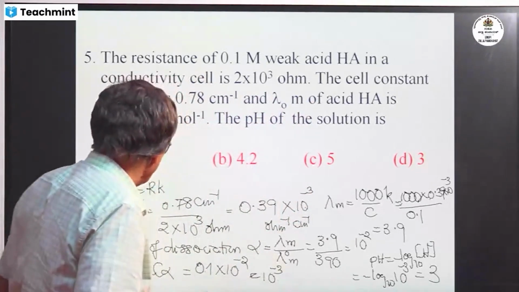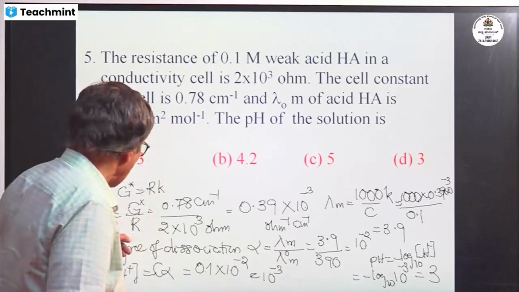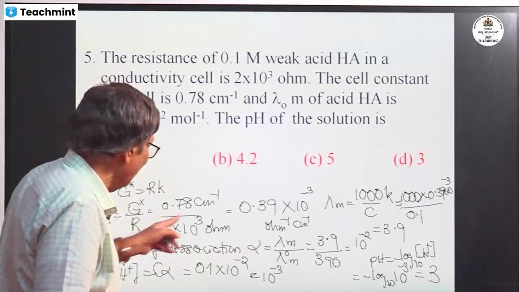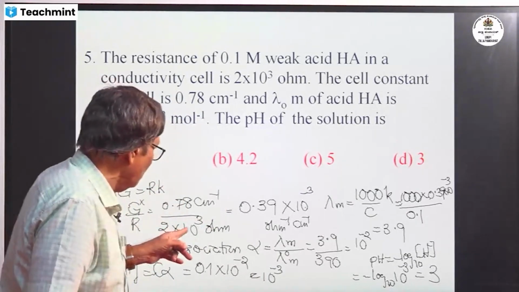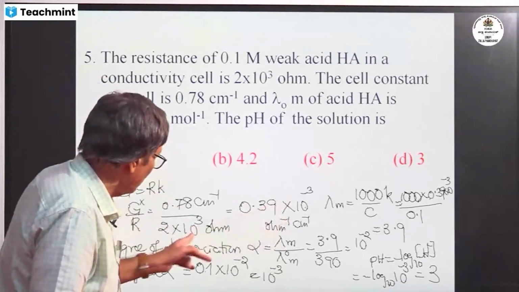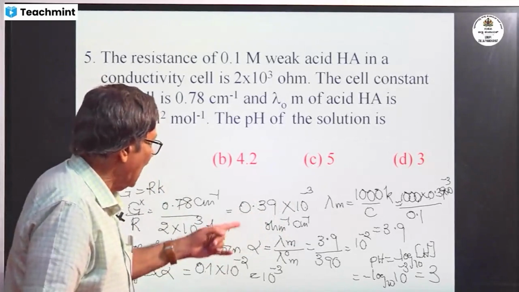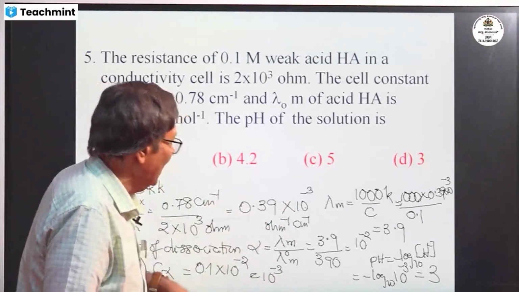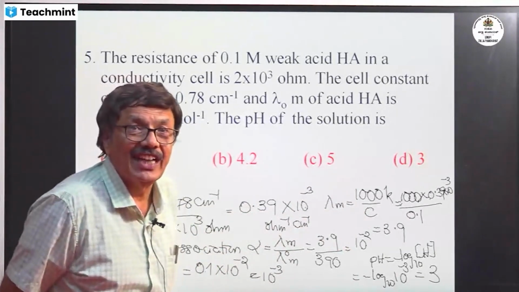First, knowing the cell constant and the resistance, we find the conductivity. Conductivity is the cell constant 0.78 divided by 2 into 10 to the power 3. That is 0.39 into 10 to the power minus 3. Then, after knowing the conductivity, we go to the molar conductivity.